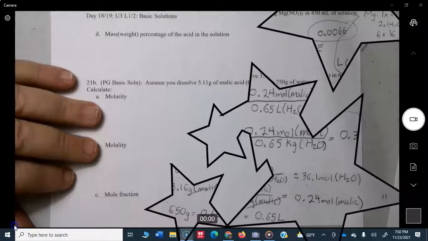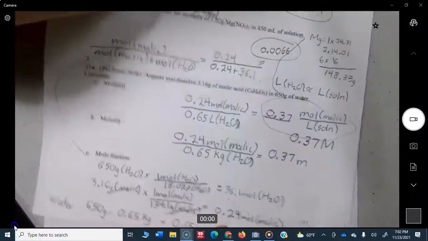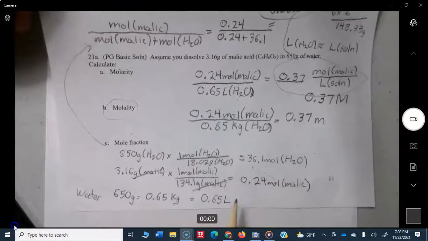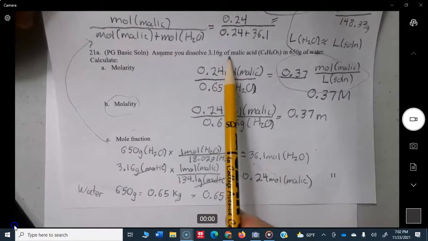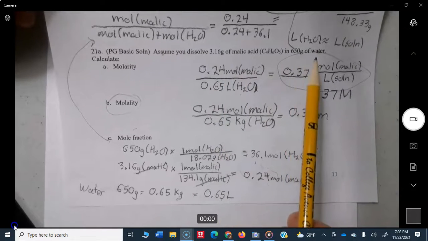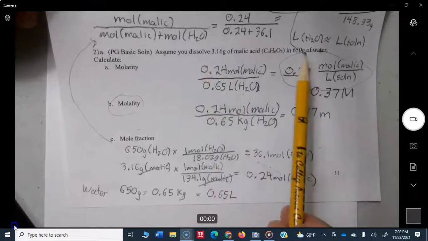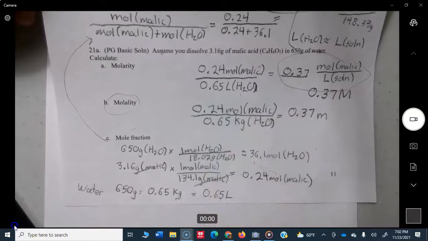And that's the mass percent of the acid in solution. So now we have to come back to almost the same thing with mole fraction, except we do it with grams. So we have 3.6 grams of malic acid and 650 grams of water. So it's simply going to be the grams of this over the grams of the two of them combined, and then you multiply by 100%. This is a percentage.